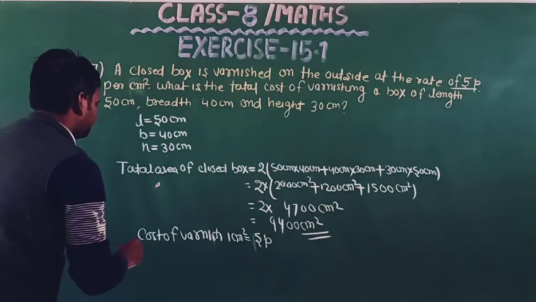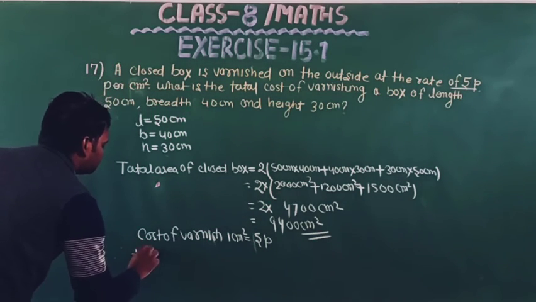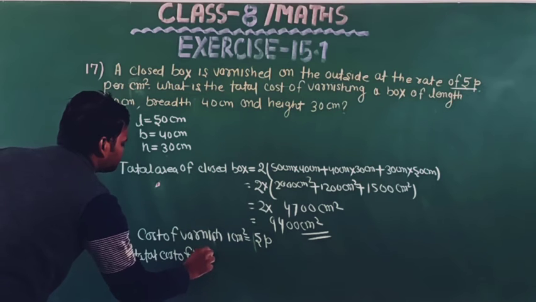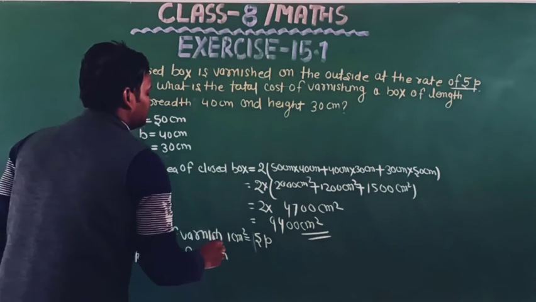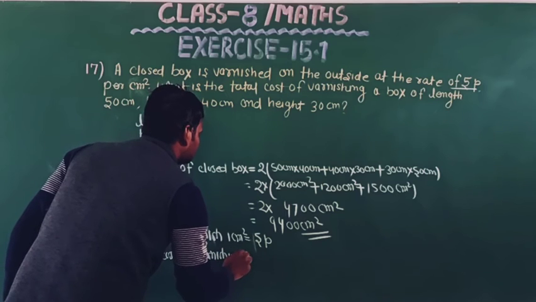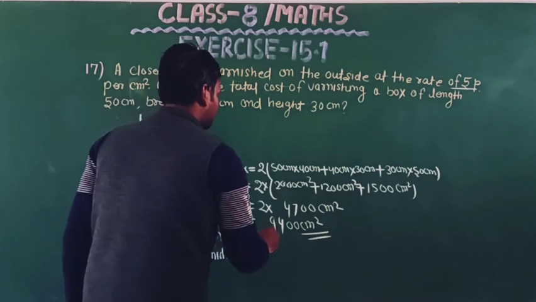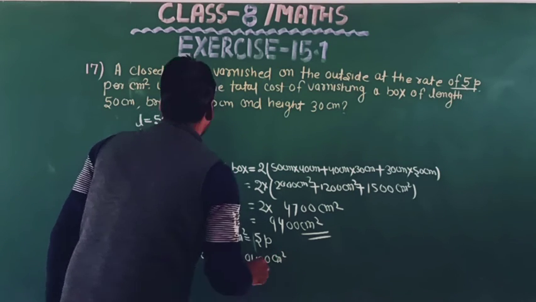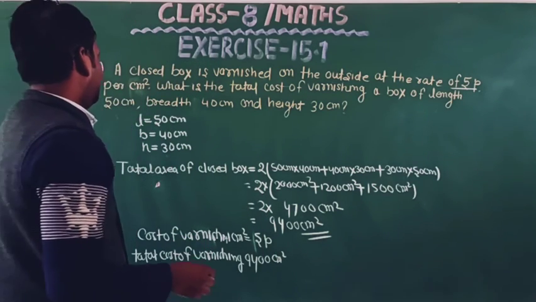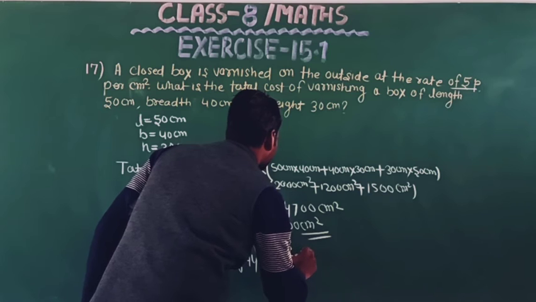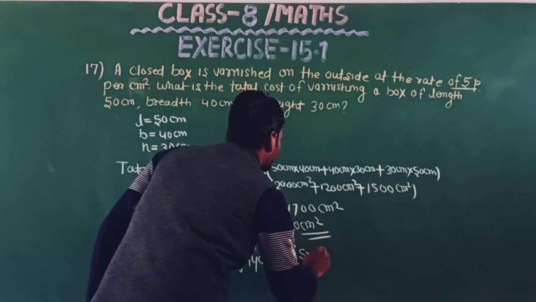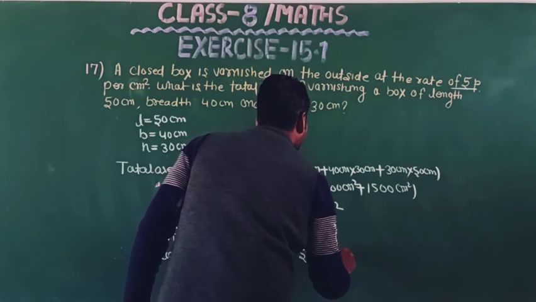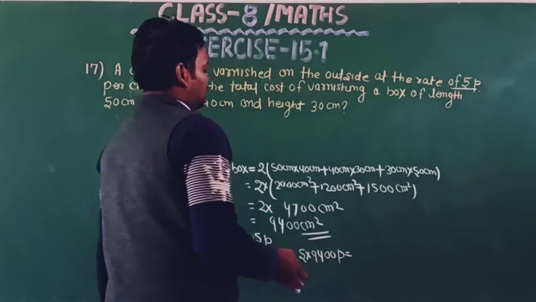So therefore the total cost of varnishing 9400 cm² equals 5 into 9400 paisa, and now convert into rupees.